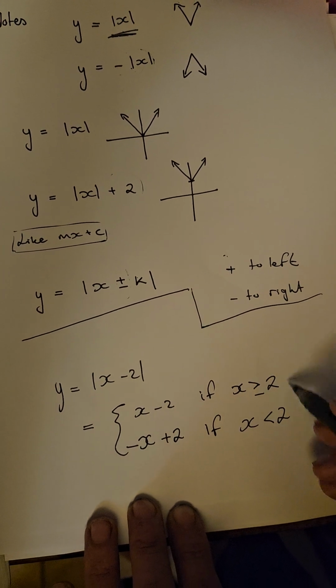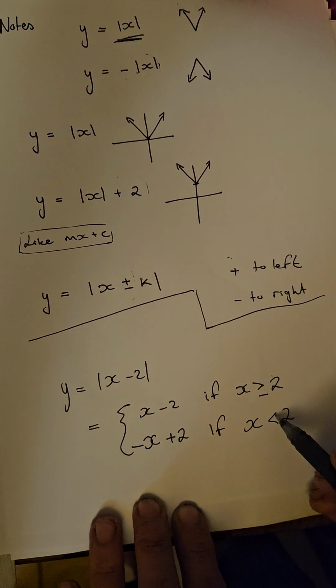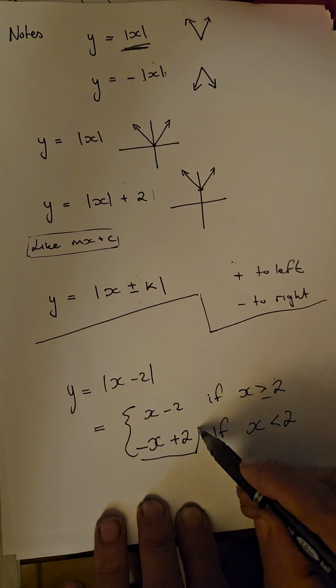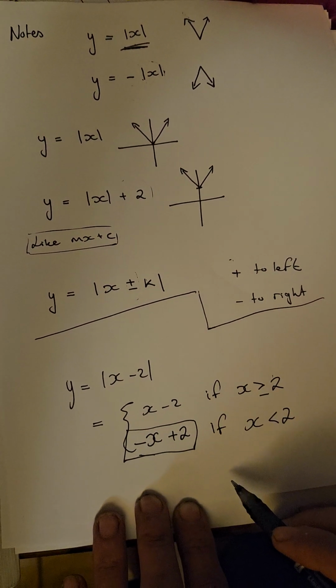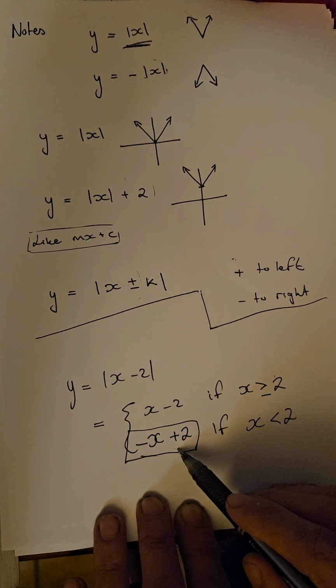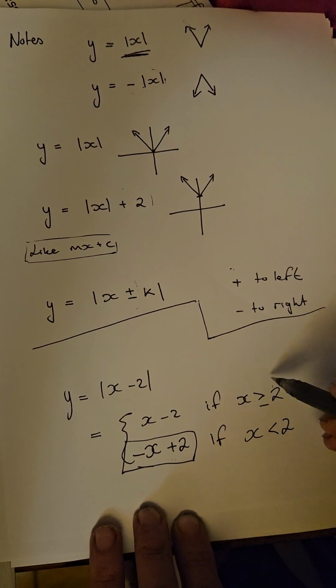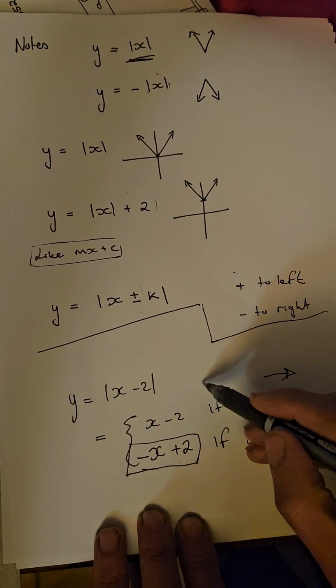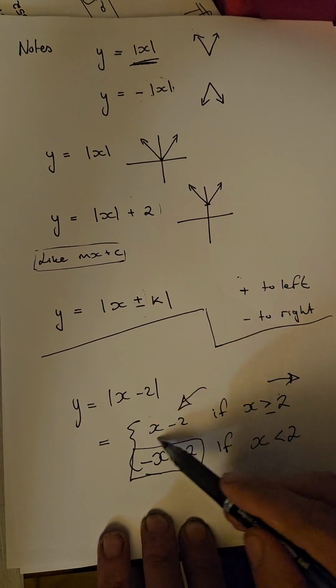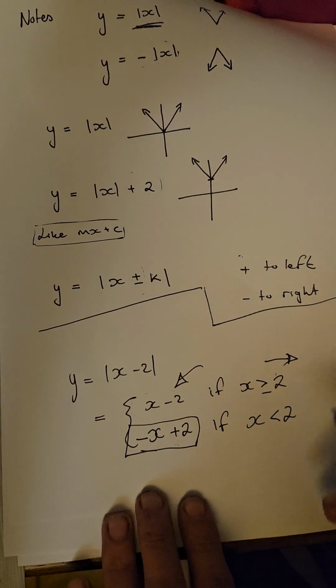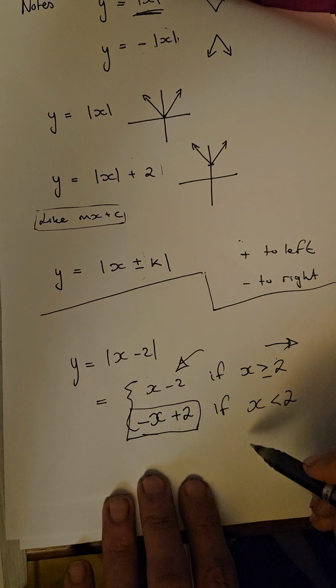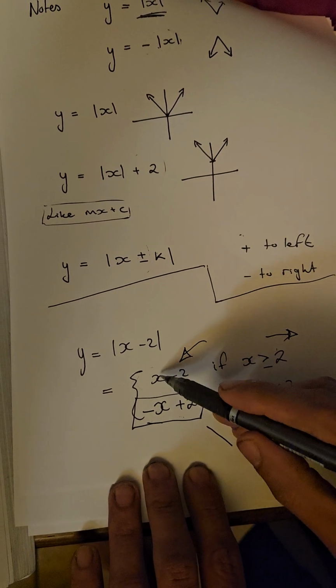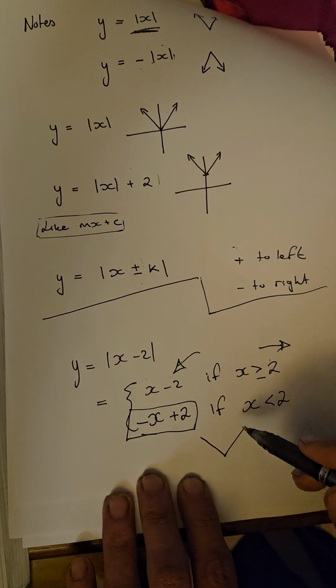It's going to meet at the same point. To the left, it's going to look like this. So this is a graph that you should be able to draw using grade 9 maths. To the right, it's going to look like that one, which you should be able to draw with grade 9 maths. This one has a negative slope, so it's going to go down. This one has a positive slope, so it's going to go up.